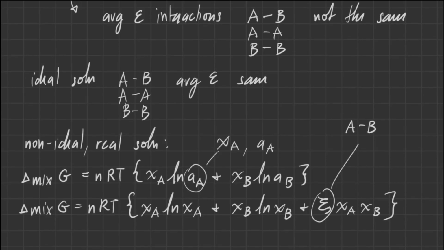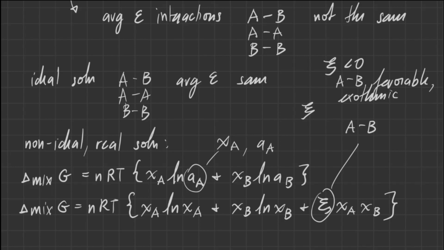Just a side note, if this xi is less than 0, these A and B interactions are more favorable than in an ideal solution, and this is an exothermic reaction. Conversely, if this xi term is greater than 0, it's endothermic, and these A and B interactions are unfavorable.